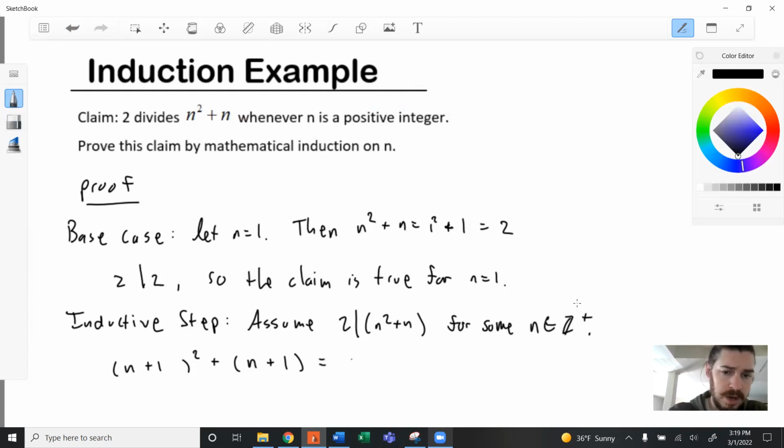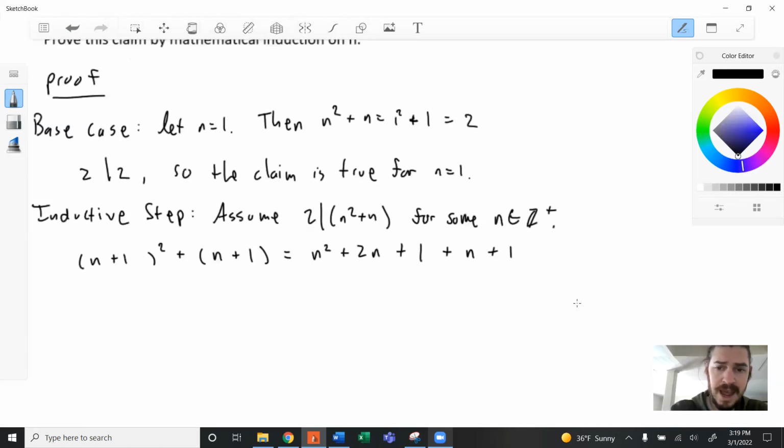So let's do a little bit of algebra. I'm going to expand the first binomial squared. So that's going to be n squared plus 2n plus 1. And then we have plus n plus 1. And I don't need those parentheses on the second part. Now I'm going to do a bit of rearranging.